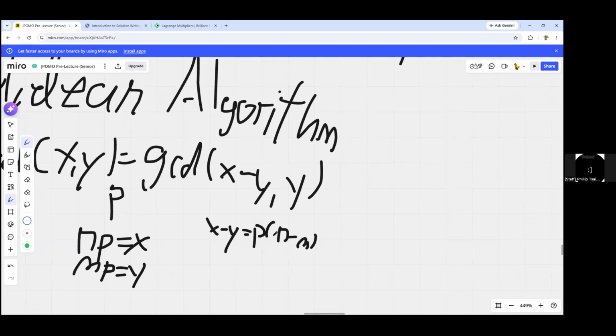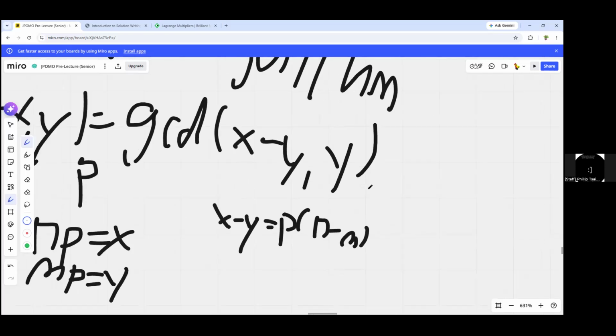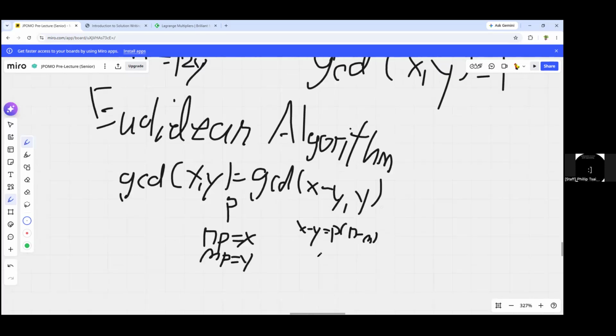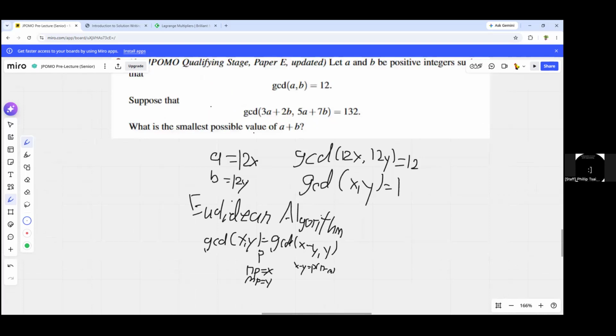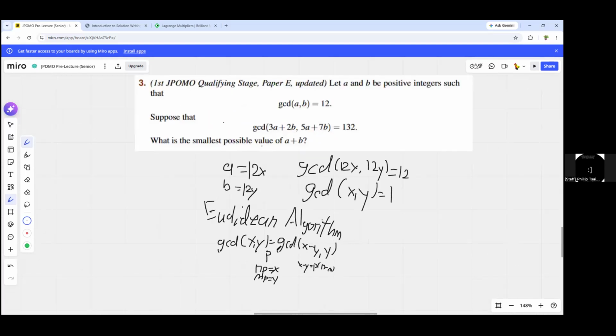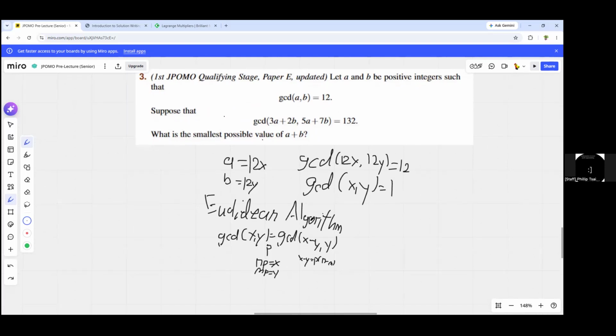Notice that the greatest common divisor is still the same, because subtracting y from x can't change the greatest common divisor, since y is already a multiple of it.